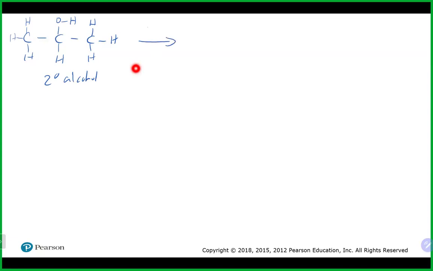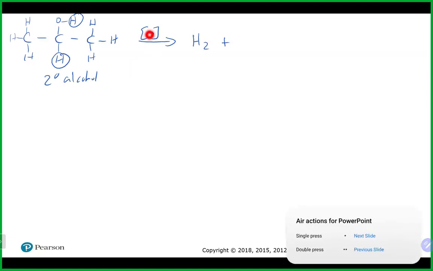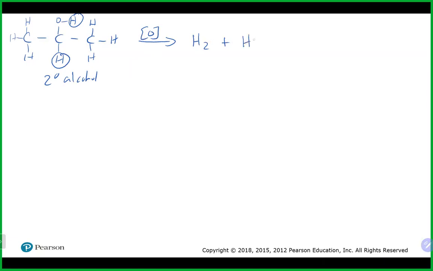Again, we're going to oxidize it, which means we're going to get rid of this hydrogen and this hydrogen, which will give us our H2. Once again, we're just going to draw it exactly the way it is. And in this case, since we remove the hydrogens, we will then have to insert our double bond in there to make our ketone.